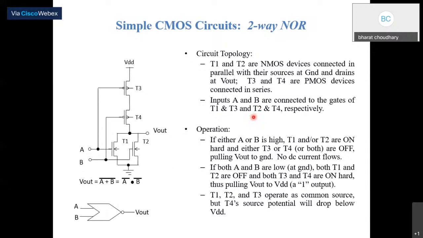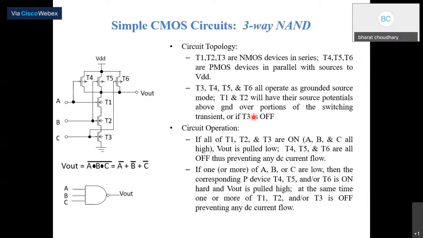Now this is the three-way NAND gate, meaning a combination of three transistors, where the series combination is used in the pull down network and the parallel combination is used in the pull up network. This is a similar operation to what we discussed in the previous slide.